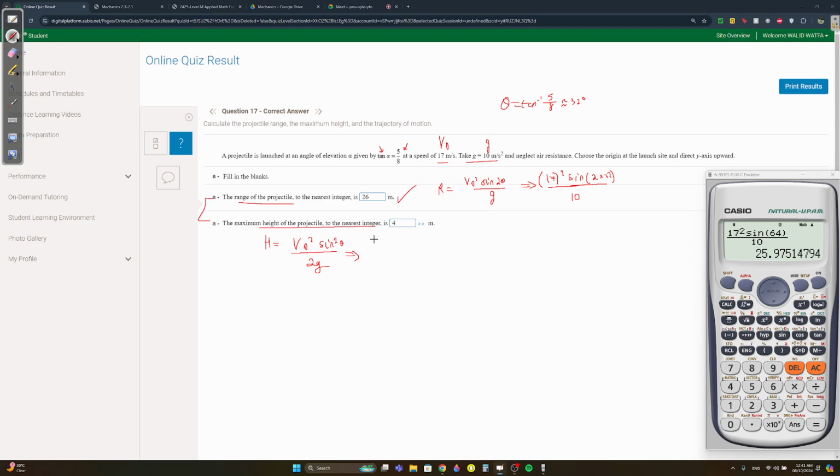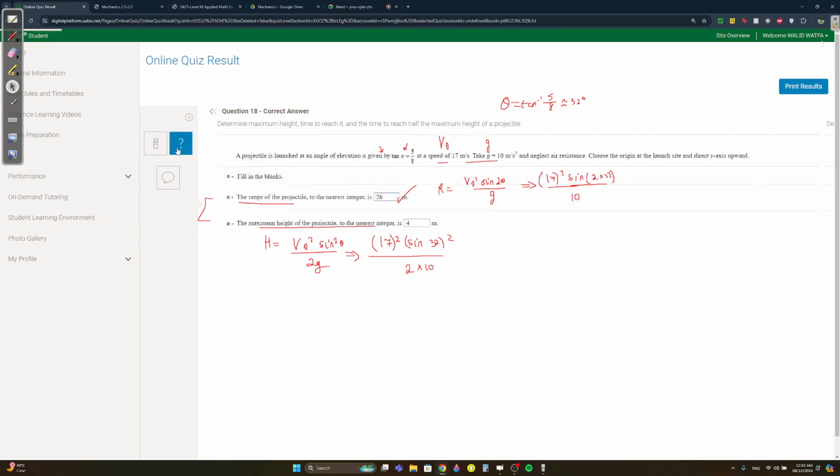So 17 squared sine 32 squared over 2 times 10, which is 17 squared sine 32 squared over 20. You get to the nearest integer 4 meters.